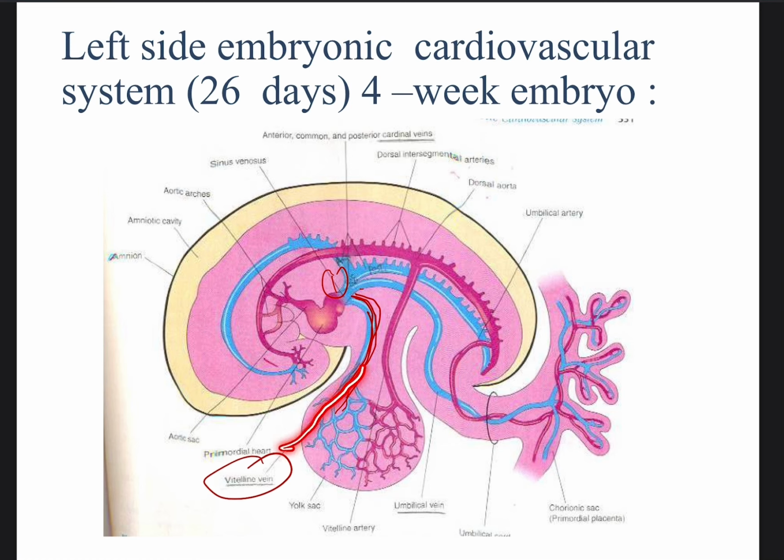So the vitelline vein from the yolk sac, and from maternal blood through the placenta, this is the umbilical vein. Simple. This is the umbilicus or placenta. So this vein is the umbilical vein.